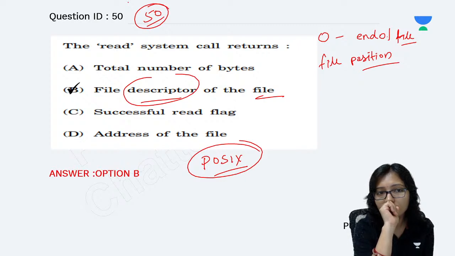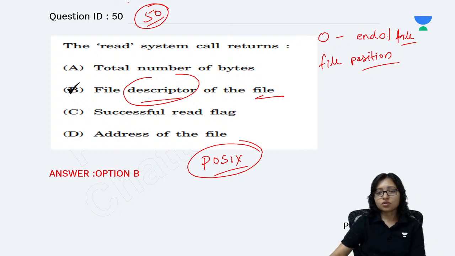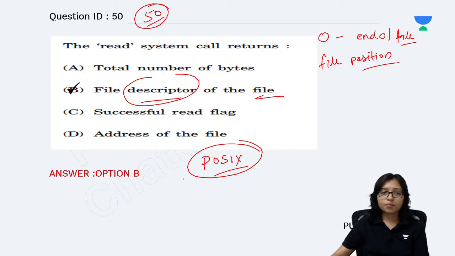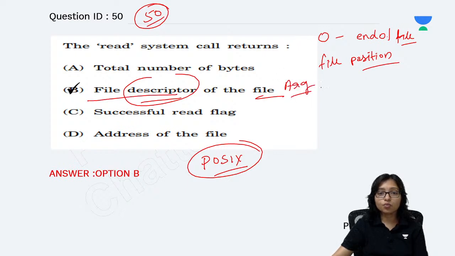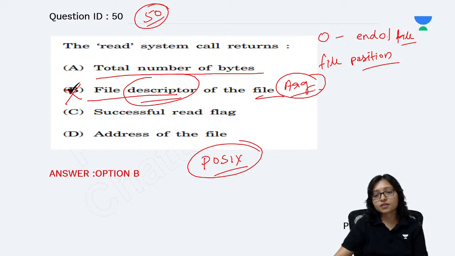The read system call returns, first of all, the data read by the call of the function, and an integer value: the number of bytes. The file descriptor is taken as an argument, but it returns the total number of bytes.